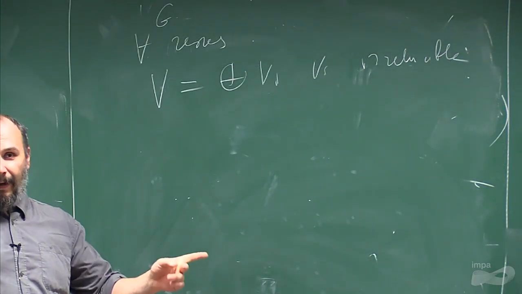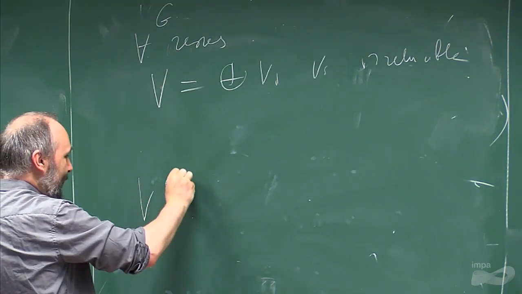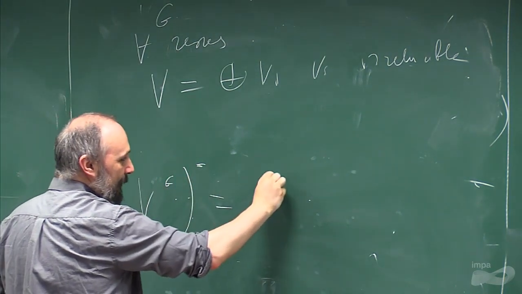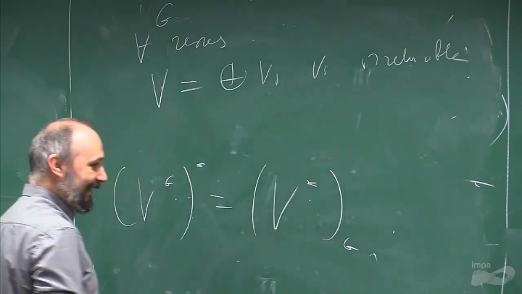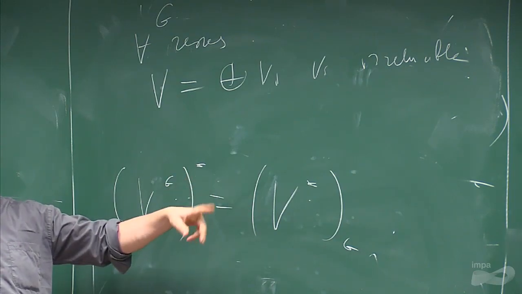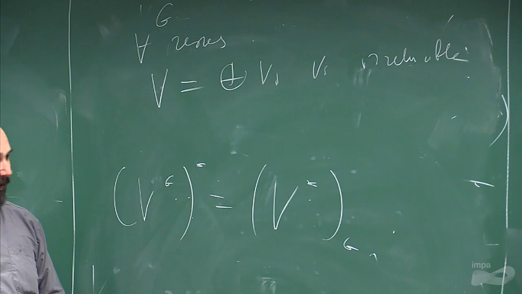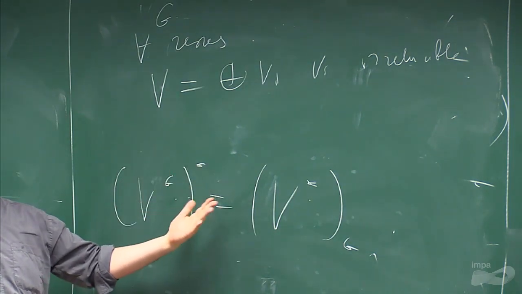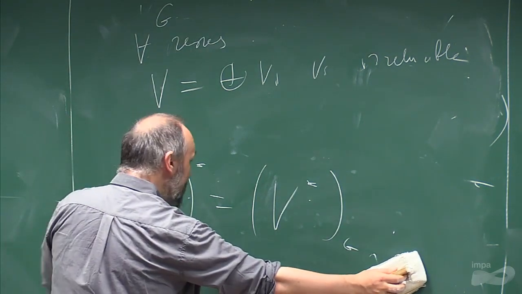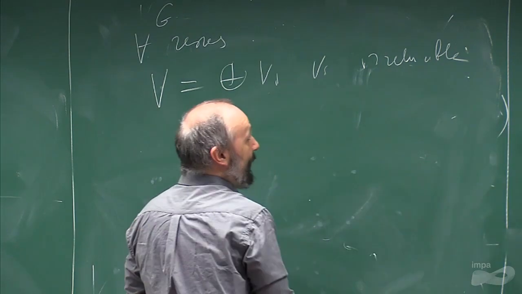By the way, the dual of the co-invariants is the same as the invariants of the dual, (V_G)* equals (V*)^G. This is why they're called invariants and co-invariants. It's easy to see that, at least for finite dimensional spaces, these two are just dual. This is the reason why it is called co-invariants. It doesn't matter, just to explain the terminology.